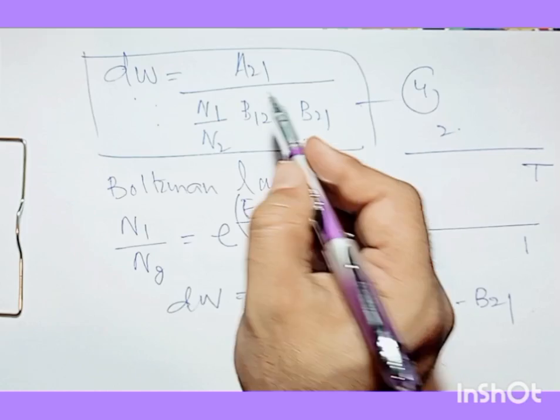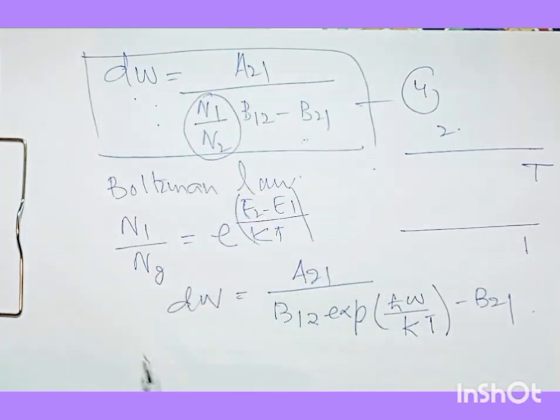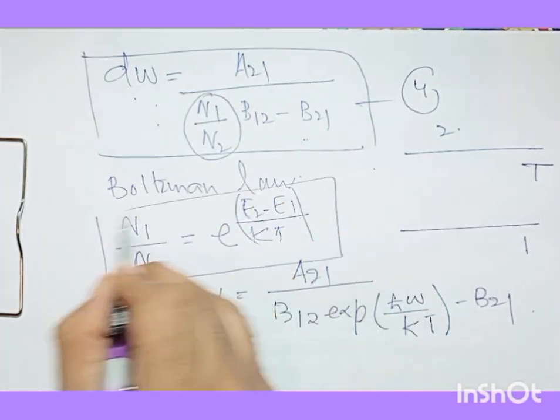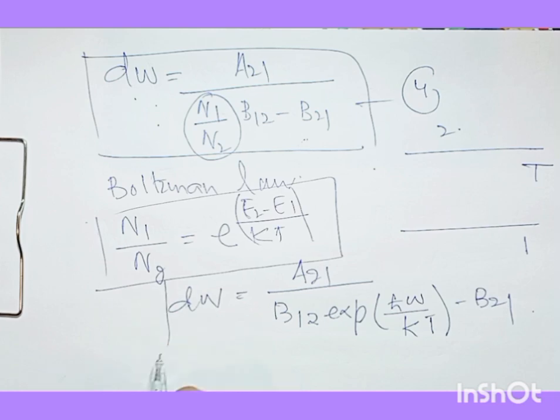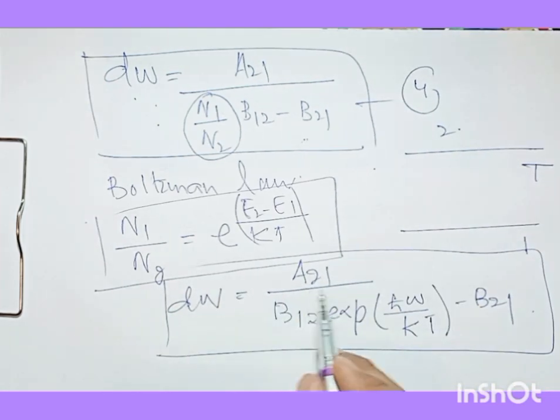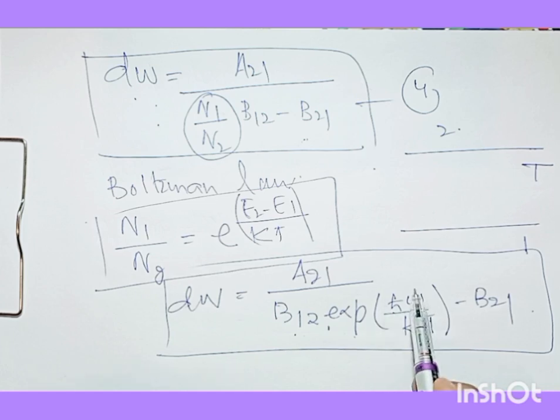So what we have done is use N1 by N2 from Boltzmann's law, and what we have obtained for D omega is A21 by B12 exp(E2 minus E1, which is h cross omega, divided by KT) minus B21.